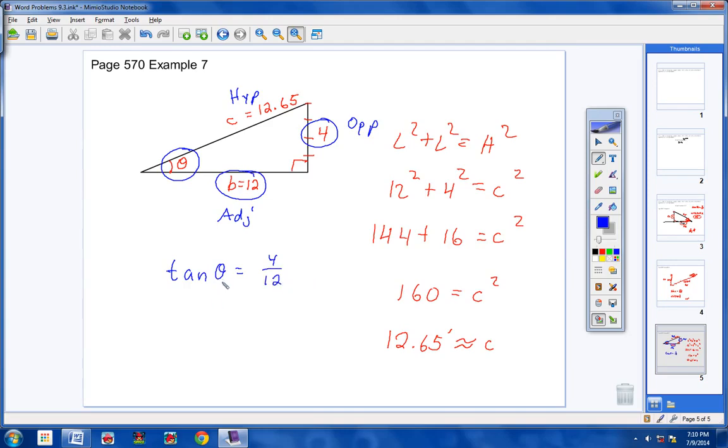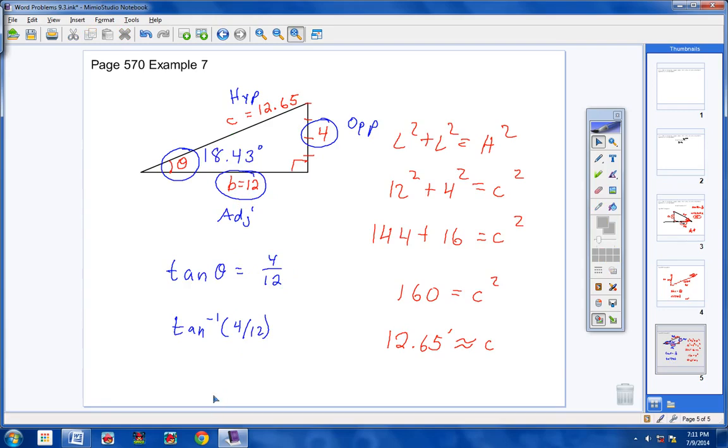And now look, we're looking for an angle, so you would hit inverse tangent. That's tangent to the -1 on your calculator, and then type in 4 divided by 12 or 1/3 if you want to. Hit enter, and you will get out approximately 18.43 degrees. Okay? And so there is the answer to theta, 18.43 degrees. All right? Put that right up here in your triangle, and there we go.